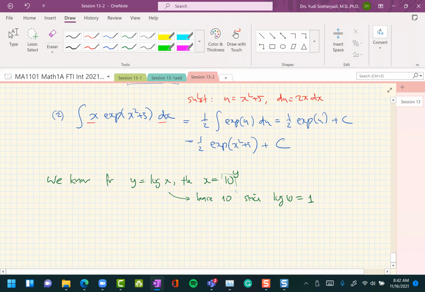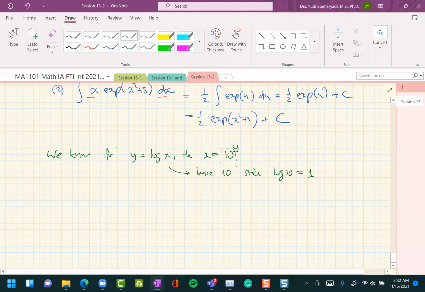Okay, so we call this the base number, the base of the logarithm: if log base a of x is 1, this equals 1.